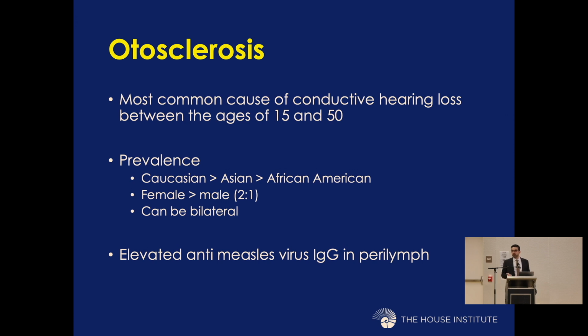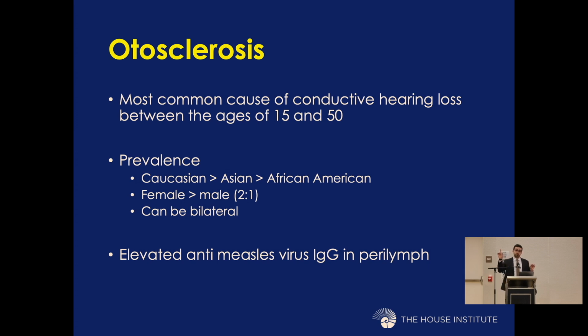Obviously, we see it in people who have been vaccinated, but talking to older associates in our practice, Drs. Brackmann and House, they say when they started, they would just do stapedectomies every week, and then 2-3 stapedectomies a week. Now we do maybe a couple or a few a month, so it's just much less frequent than before. But this has been documented.